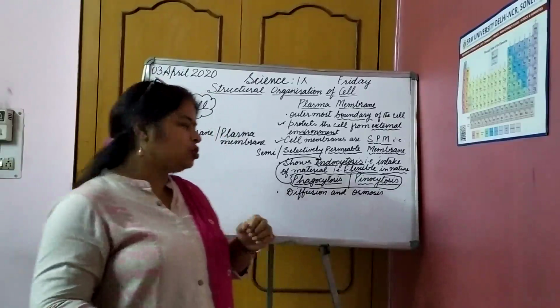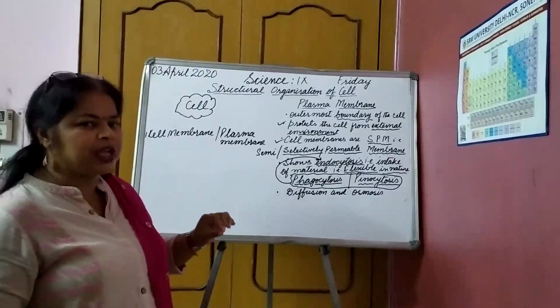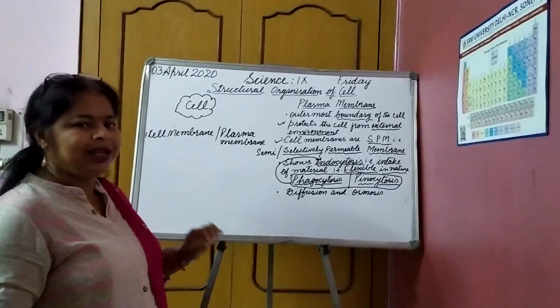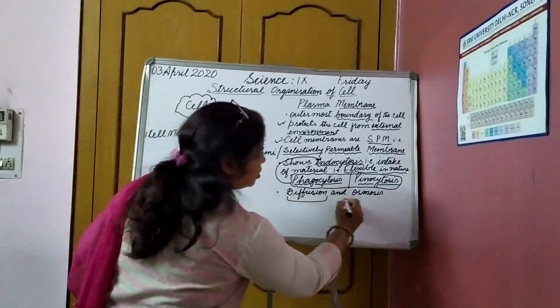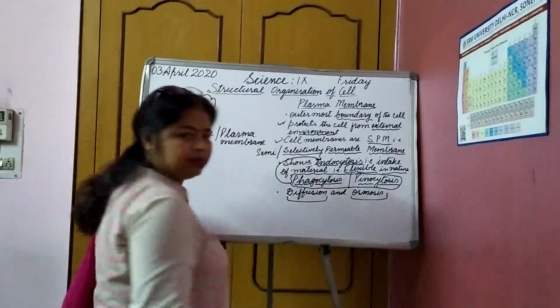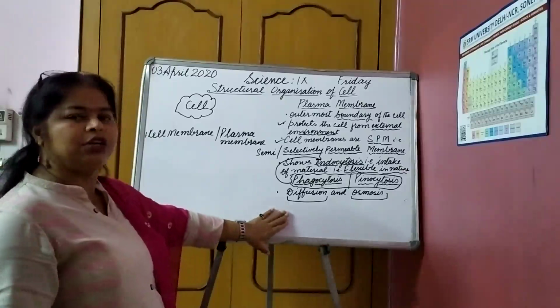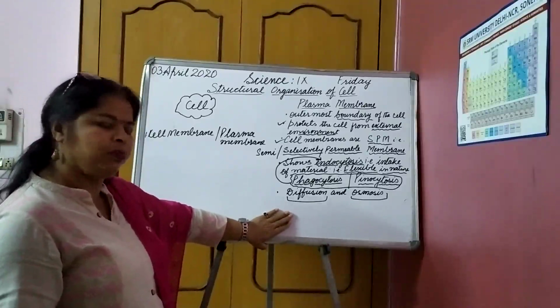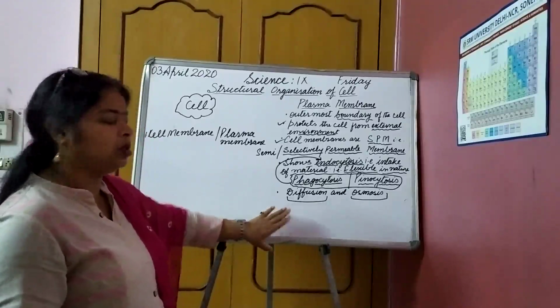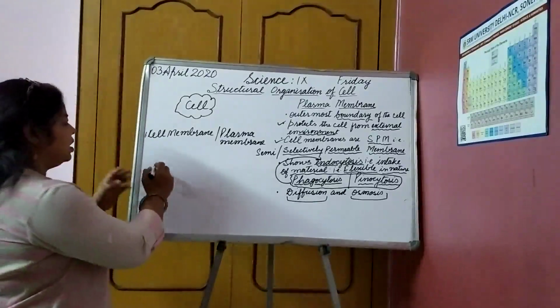Is it or not? That exchange of material takes place through either diffusion or osmosis. Diffusion is not a new word to you. You have learned it in the chapter on matter also.